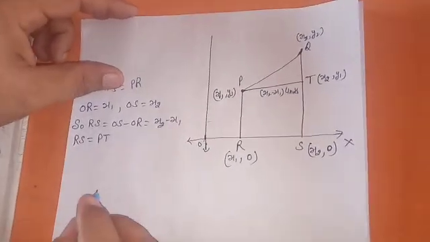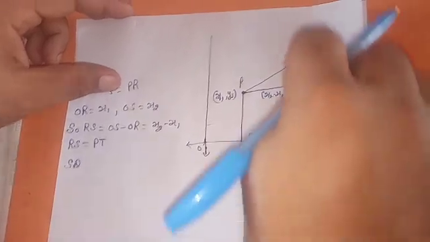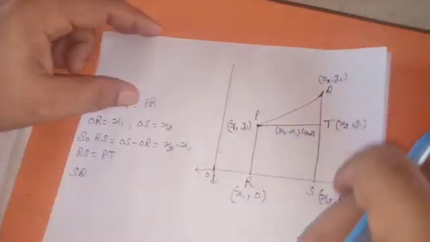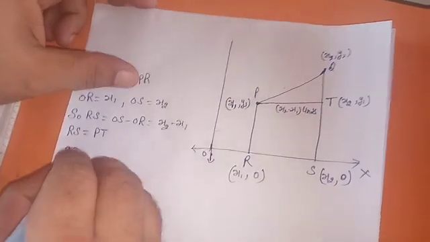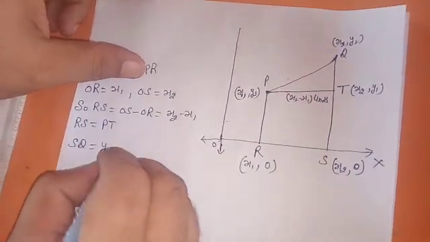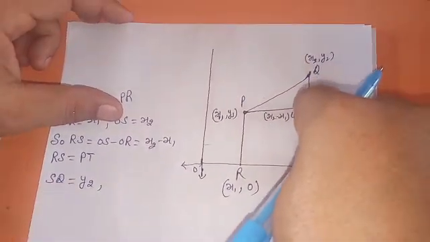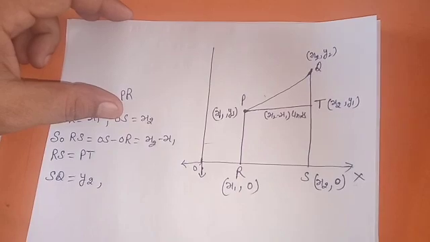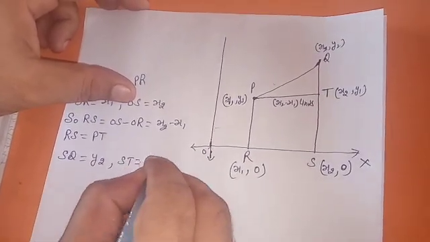Now we can find QT. So what can you say? SQ is what? y2. ST is equal to y1 units.